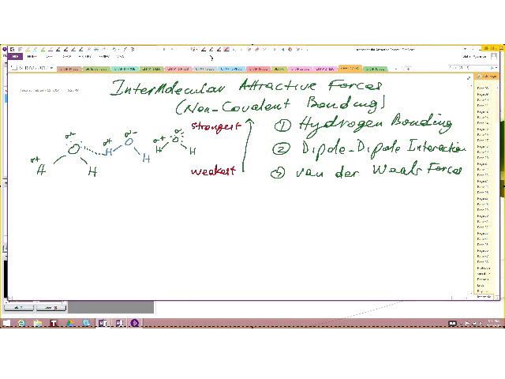So the point is, for any water molecule, you see a chain of hydrogen bonding.